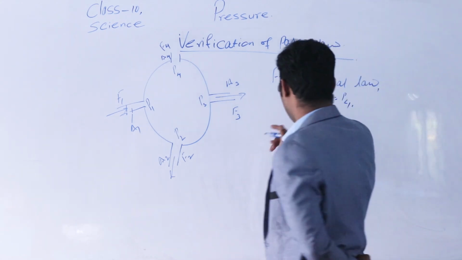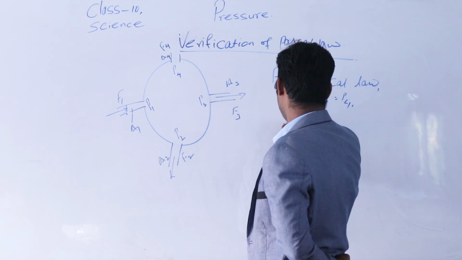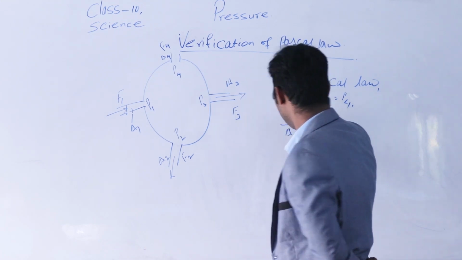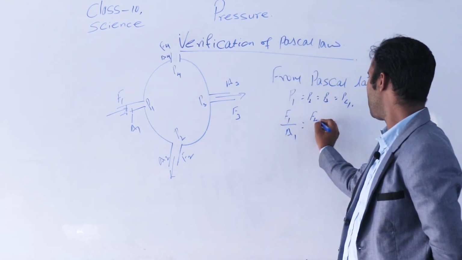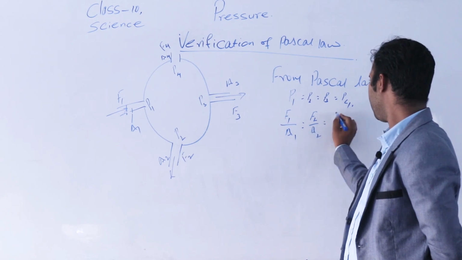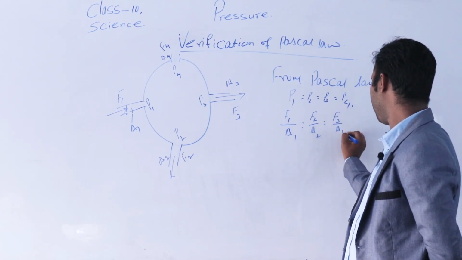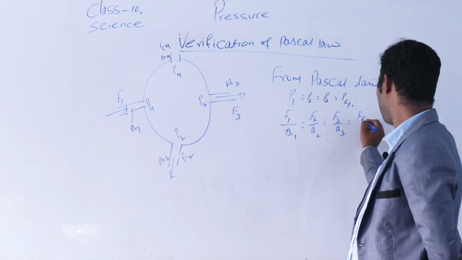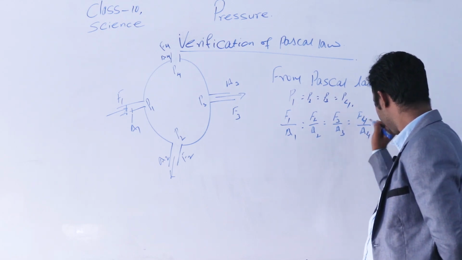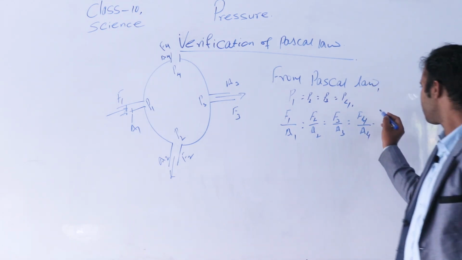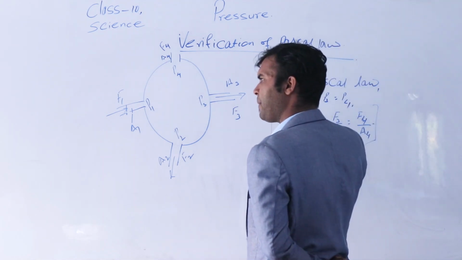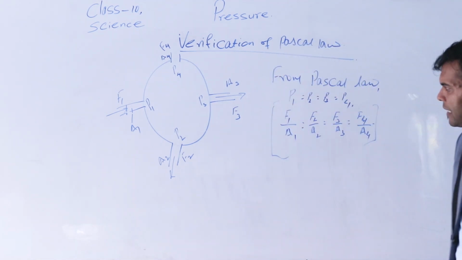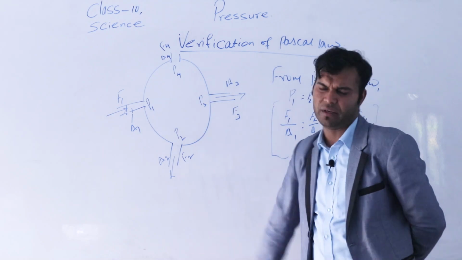Okay. Now, P1 means F1 upon A1 is equal to P2 means F2 upon A2, P3 means F3 upon A3, and P4 means F4 upon A4. So, such a formula is used for the mathematical verification of Pascal's law in these types of figures.